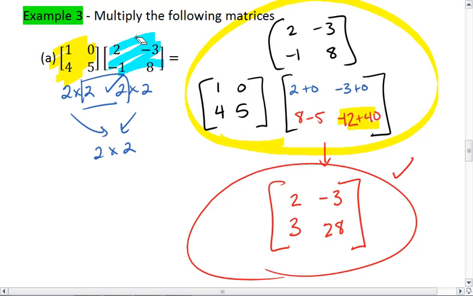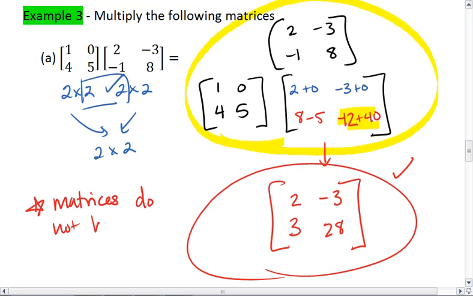The order matters. Unlike what you saw in regular algebra, matrices do not have a commutative property of multiplication.